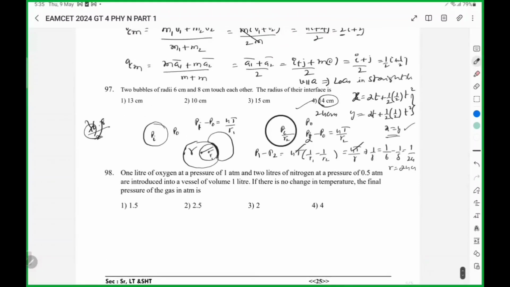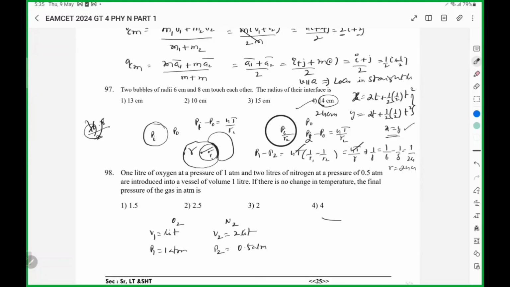Here 1 liter of oxygen, volume 1 liter. Here another, nitrogen, volume 2 liters. Pressure 1 atmosphere. Here pressure 0.5 atmosphere.